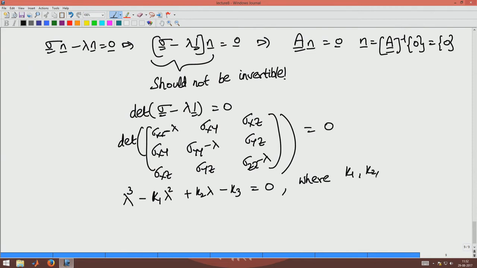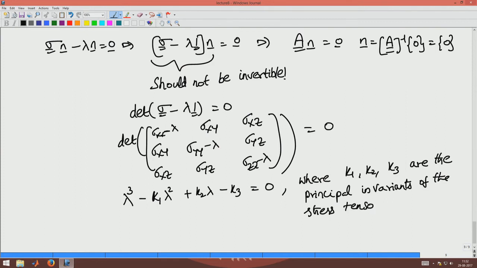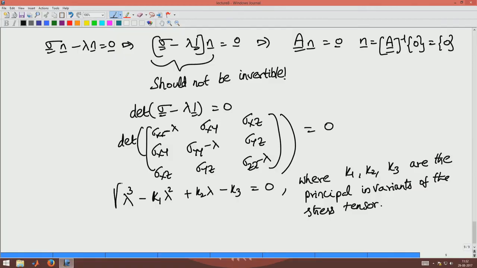The solution to this cubic polynomial will give you 3 real roots, because sigma is a symmetric tensor. Since sigma is a symmetric tensor, you will get 3 real roots for this characteristic equation. This equation, by the way, is called the characteristic equation.